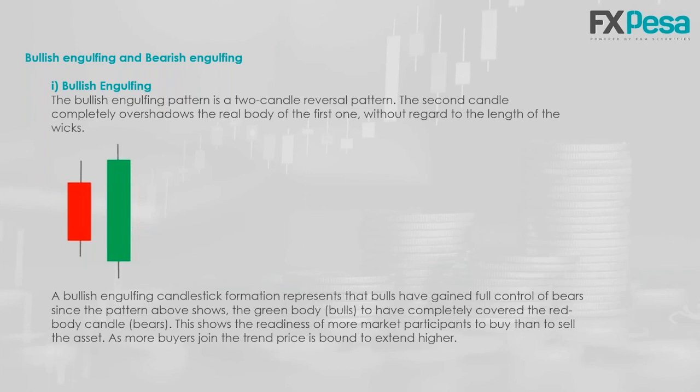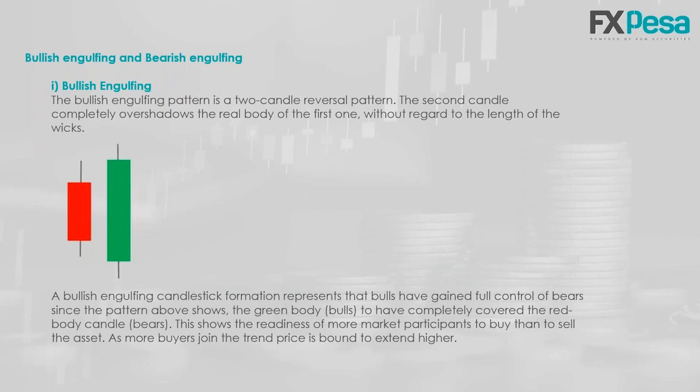So a bullish engulfing candlestick represents that the bulls have really got control of the market, and the bears don't have that same strength. Of course, the bulls, or buyers, have bigger volumes in the market, and they have completely covered the red body. That shows that the market is ready for an uptrend, or the buyers are getting the momentum.